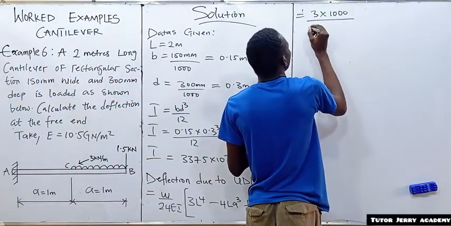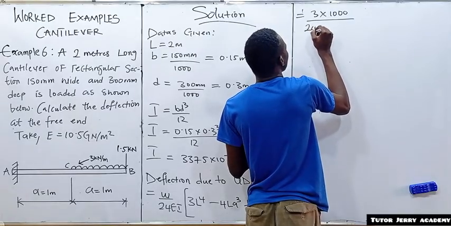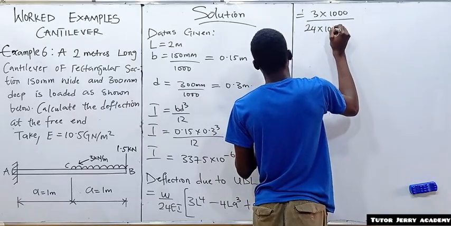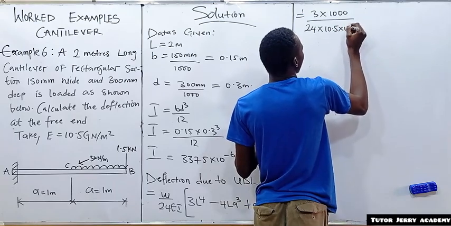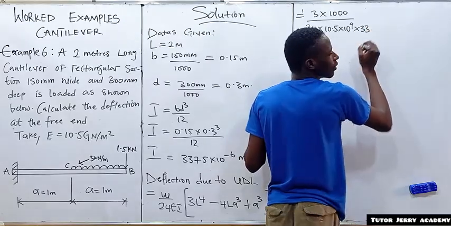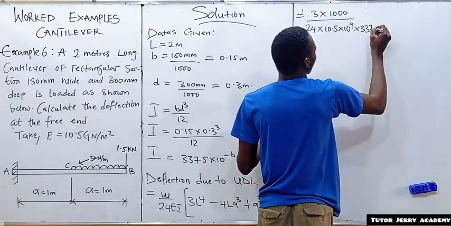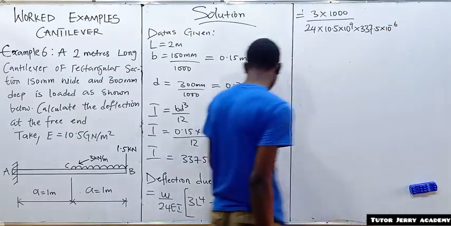So all over 24 multiplied by 10.5 times 10 to the power of 9 multiplied by our I, which is 337.5 times 10 to the power of minus 6. This is what we have.